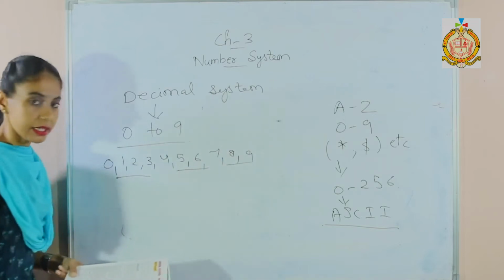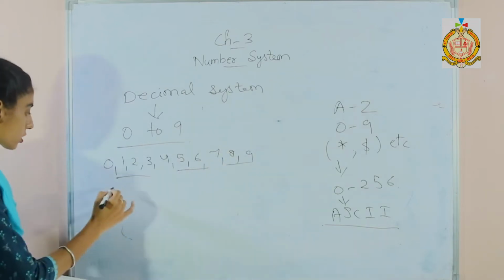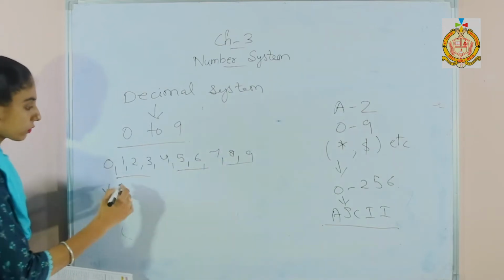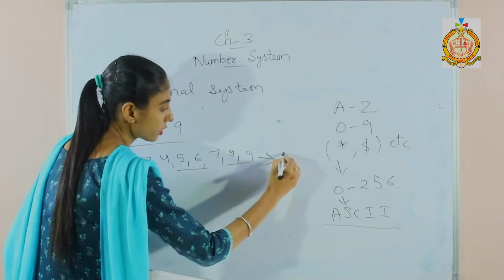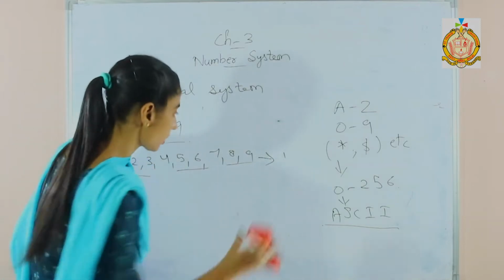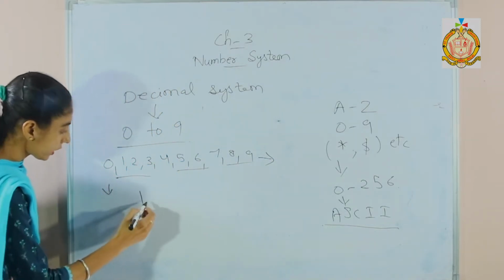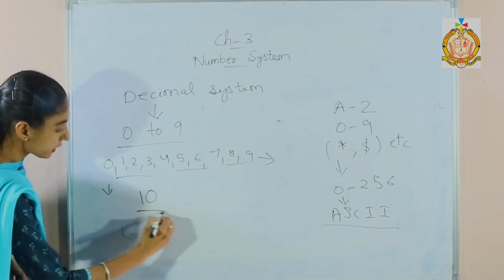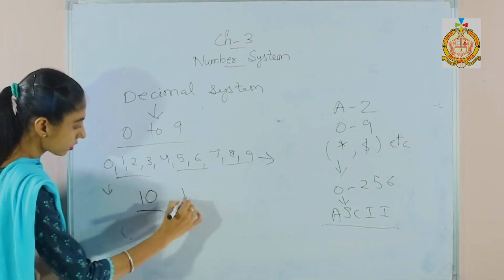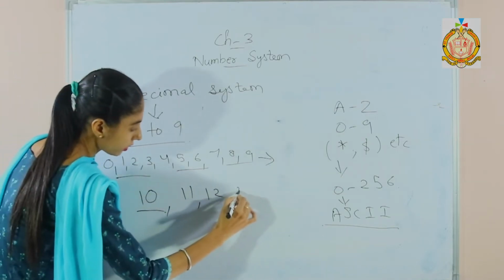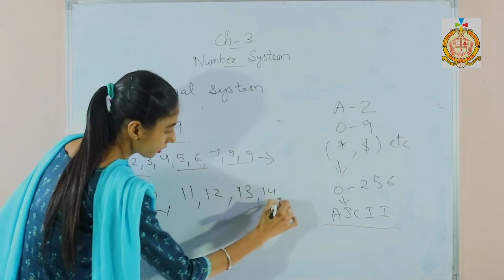When we want to write a number more than 9, we put the value 1 here and add 0 on the right side. So we can write the values up to 19.